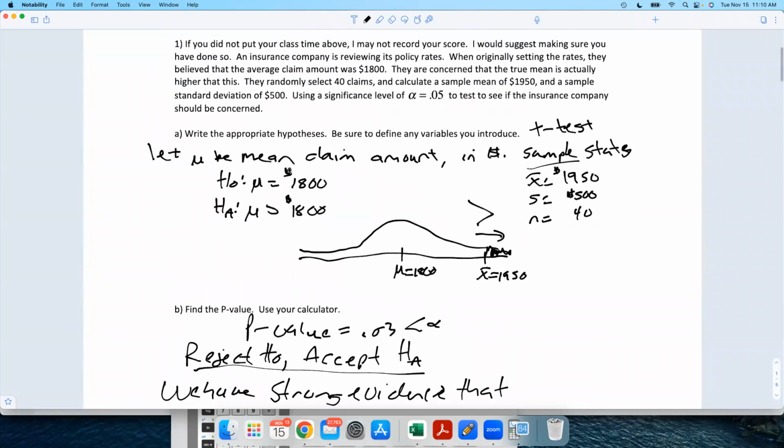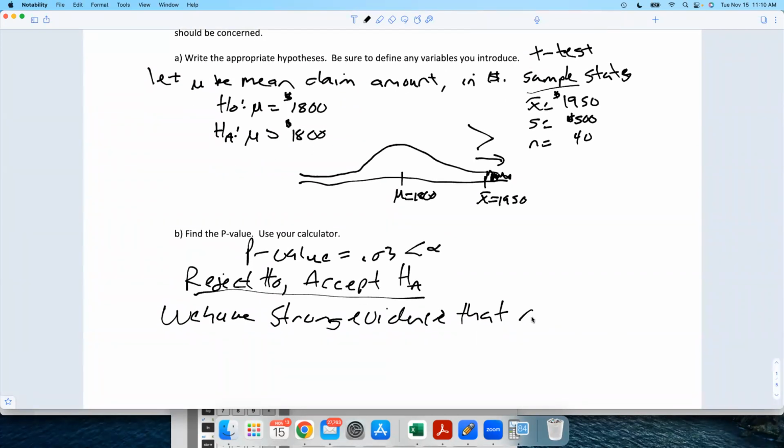Oh, it's a good thing I wrote that down. The mean claim amount is more than 1,800. We don't know how much more, but they thought it was $1,800. They did a sample, and that sample says, oh, no, you're spending more than $1,800.